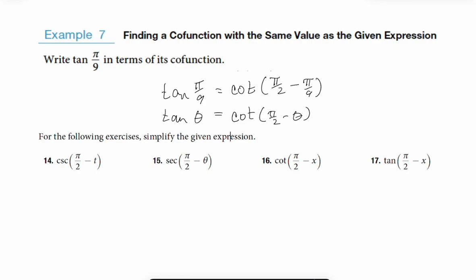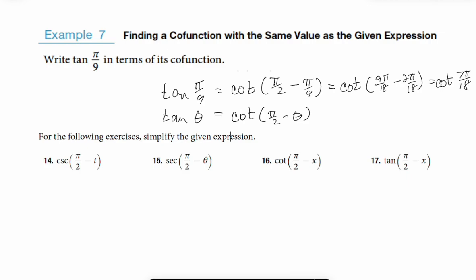Now, how could we actually make that look a little nicer? Well, if we changed those with our rules of fractions into an 18 denominator, this would be 9 pi over 18 minus 2 pi over 18, which is the same as 7 pi over 18.